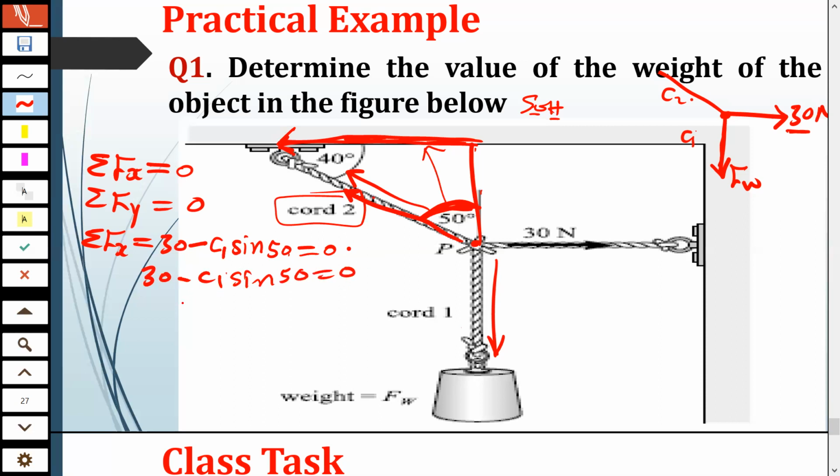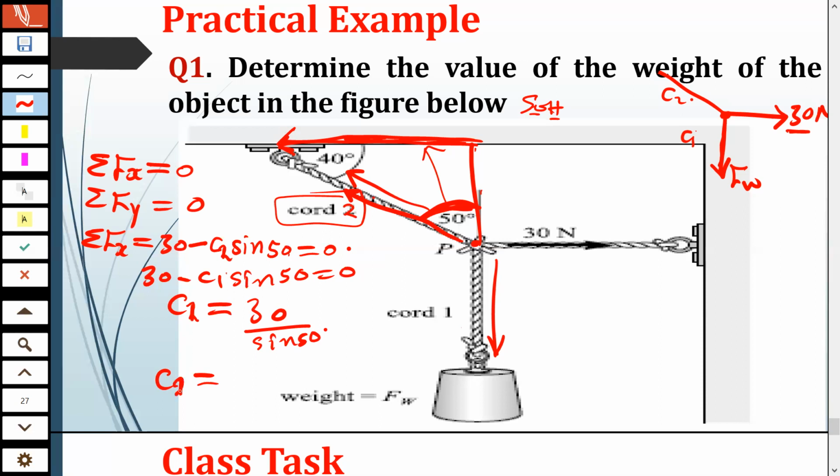So we can make C2 the subject of the formula. So C2 is therefore equal to 30 over sine 50. So, the tension in the cord, oh sorry, not C1, it's C2 here. It's supposed to be C2 because this is 2 there. I thought that was our C1.